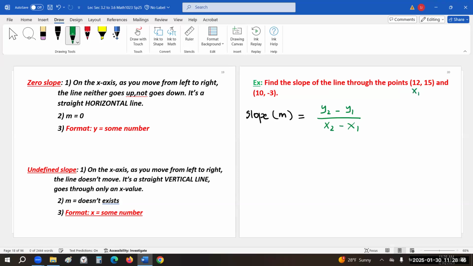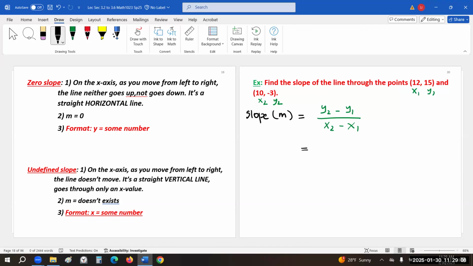Let's say this is x1, y1, and this point is x2, y2. You can do it the other way around. The order doesn't matter, but when you plug in, make sure your y goes on the top and x goes on the bottom. That's the important thing.